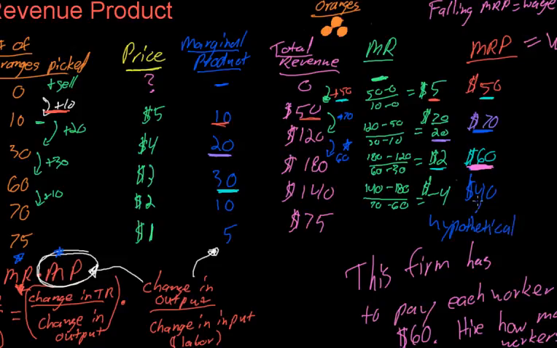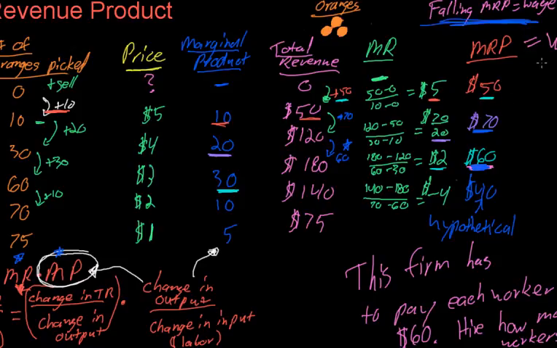If you had to pay him $60, it wouldn't be worth your time to pay him that. He would only increase revenue by $40, and you'd have to pay him $60. So that just makes no sense. So you hire workers up until the point where their marginal revenue product is equal to the wage rate, and the marginal revenue product is falling.